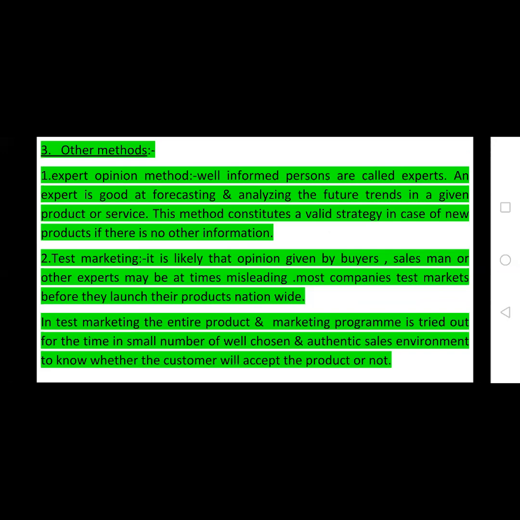Expert means a well informed person, a person who has complete knowledge about a particular product or a particular area. An expert is good at forecasting and analyzing future trends in a given product or service. This method constitutes a valid strategy in the case of a new product if no other information is available.